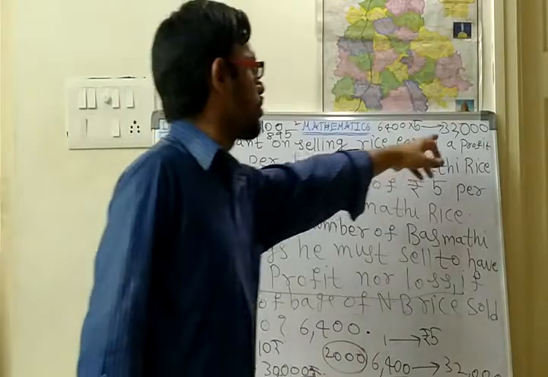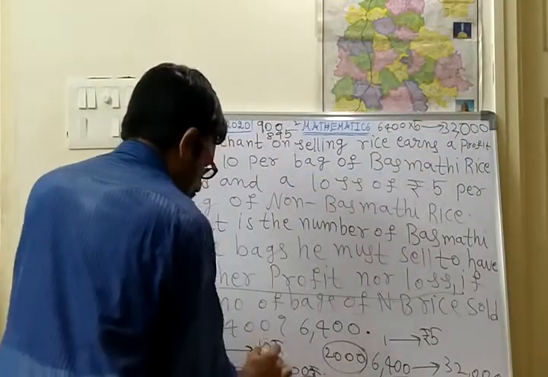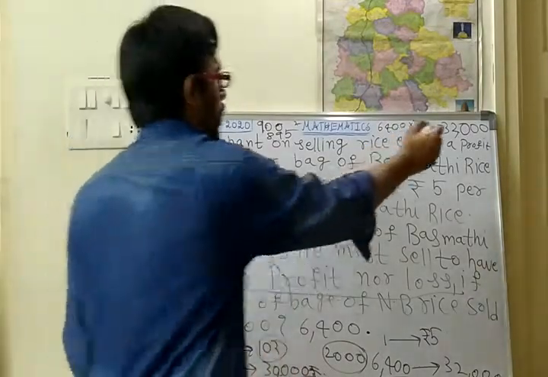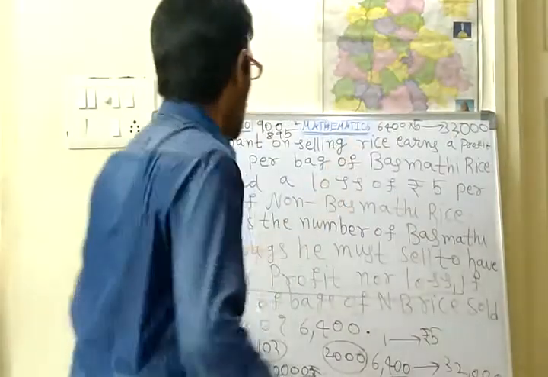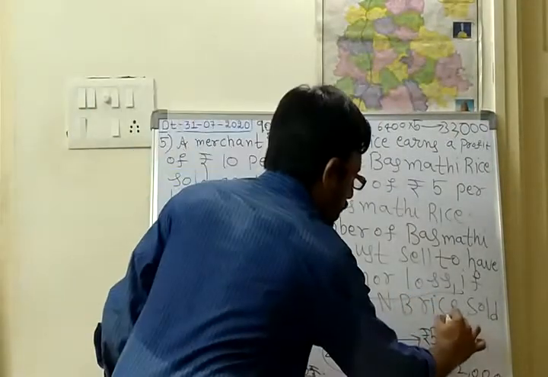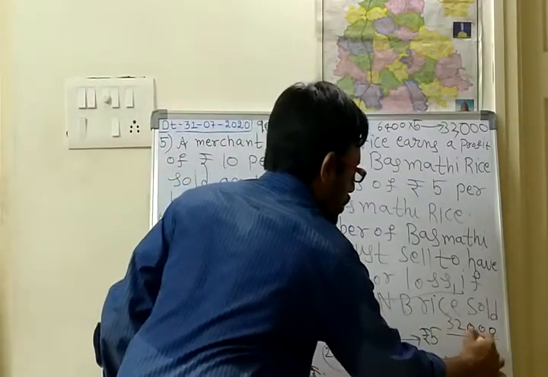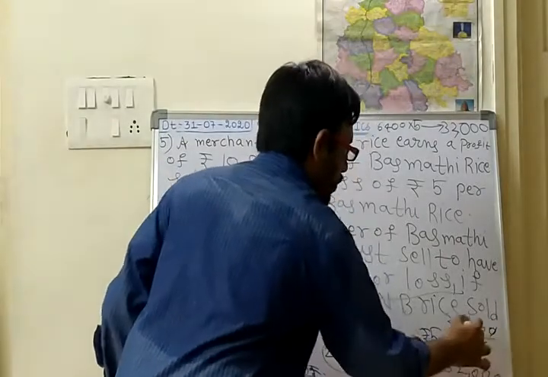With this difference, he got 10 rupees as a profit per bag. So for this, from the 32,000 you should divide by 10. By dividing, what do we get? 3,200.